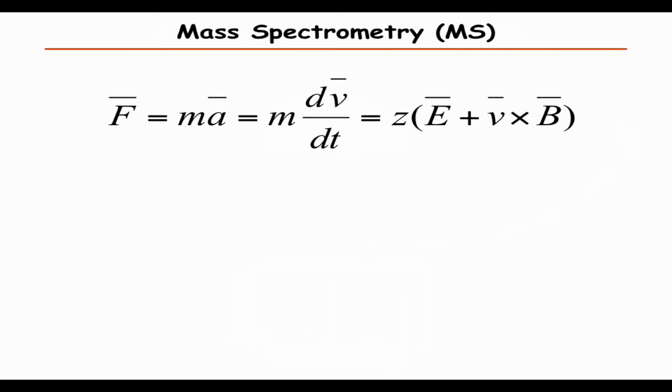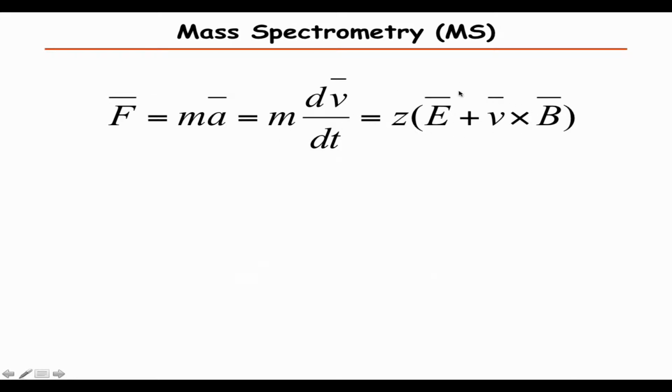So generally in a mass spectrometer, the way we measure mass is that we separate the charged ions in electrical and magnetic fields. So you probably remember that the force on a charged particle, or a force in general, can be written as the mass times the acceleration, and the acceleration is the time derivative of the velocity.